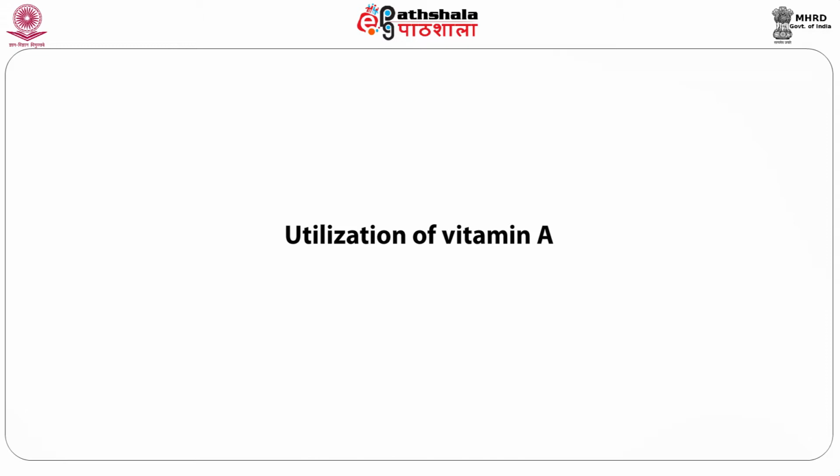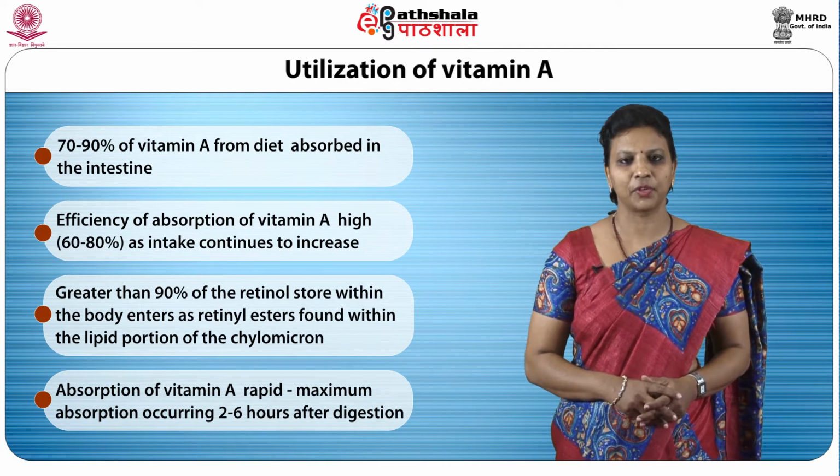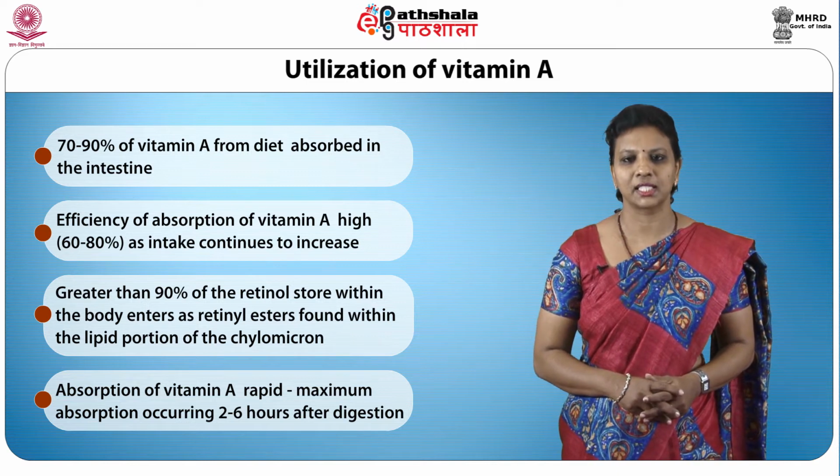Normal digestive processes free vitamin A and carotenoids from embedding food matrices, a more efficient process from animal than from vegetable tissues. 70 to 90% of vitamin A from the diet is absorbed in the intestine.